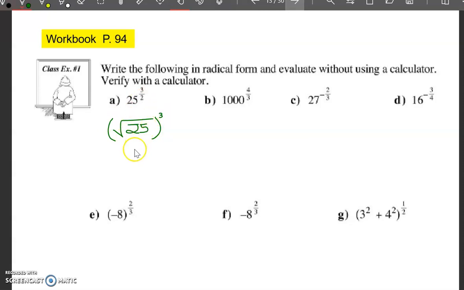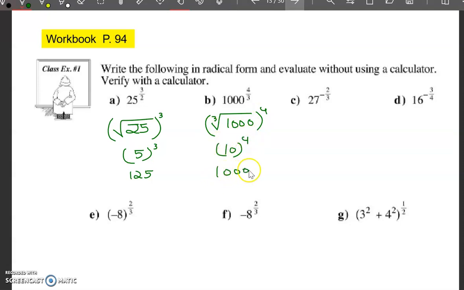The square root of 25 is 5, and then I will cube it, giving me 125. Same thing here. This time my index will be 3, so cube root it, and then take it to the power of 4. The cube root of 1,000 is 10. To the power of 4 means now I will have 4 zeros.